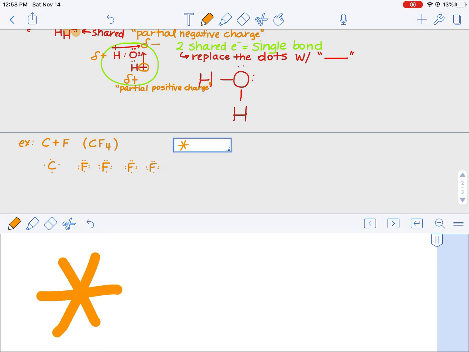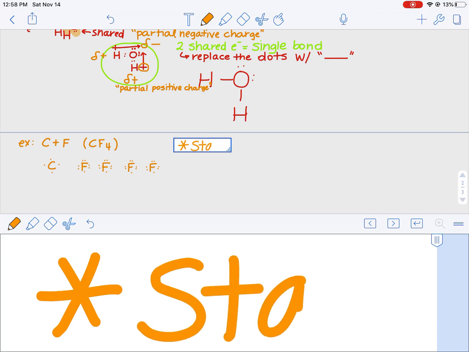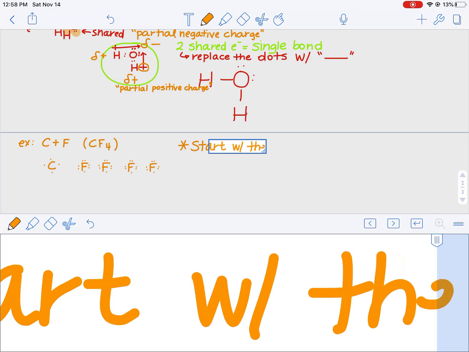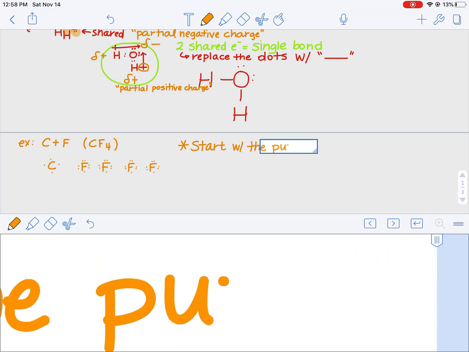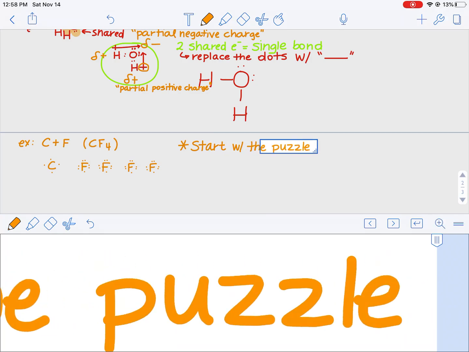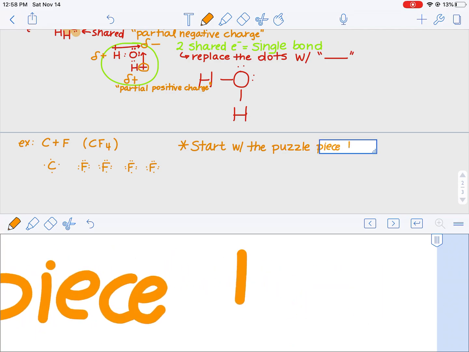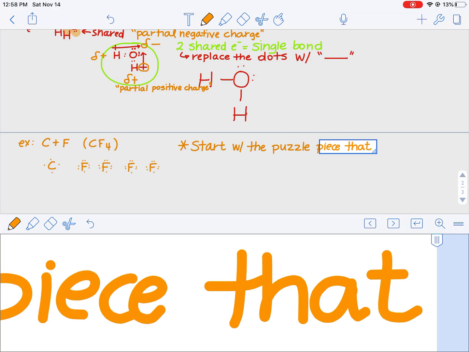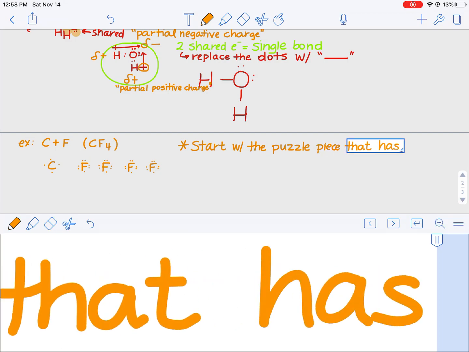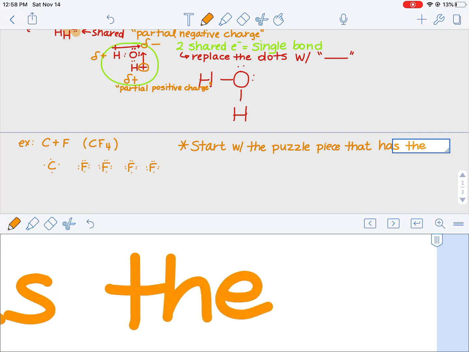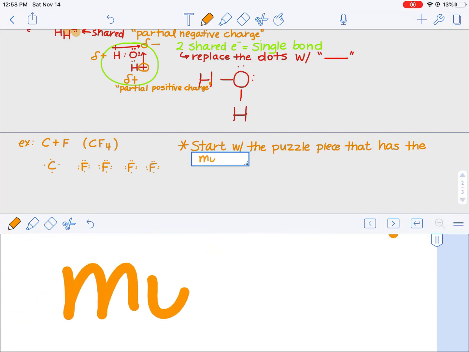This brings us to a guideline. We're always going to start with the puzzle piece that has the most number of bonding sites.